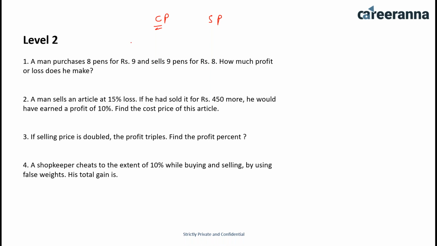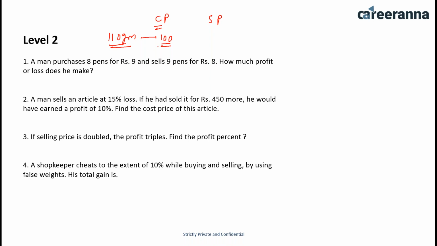So in buying it from a merchant, what was the cost price? Suppose that, please try to understand this. He takes 110 grams in 100 rupees. Is it clear? So there is a cheating of 10%.